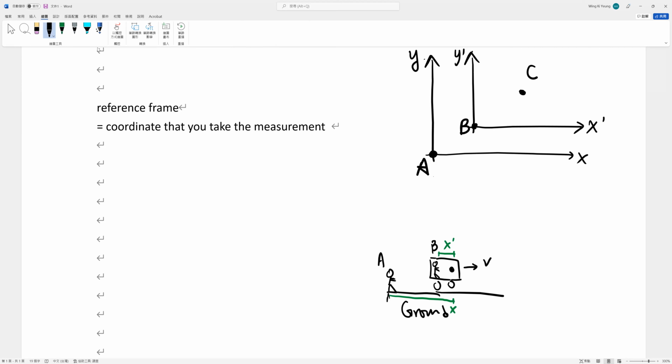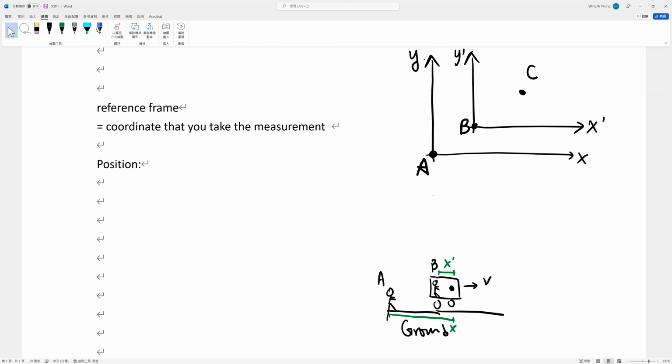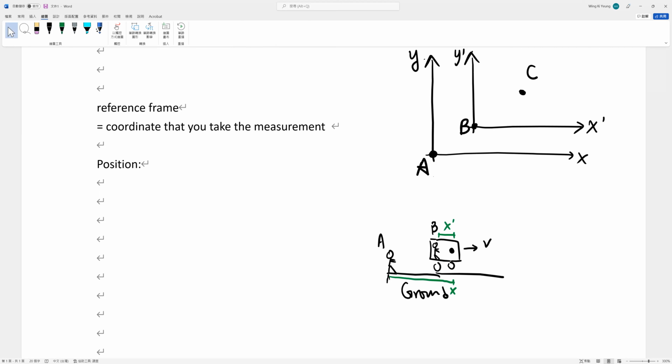Now, if we are talking about the position, I will draw three vectors here. This is a vector, this is another vector, and this is another vector.